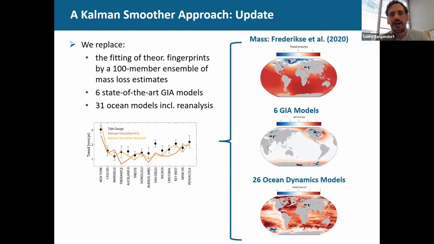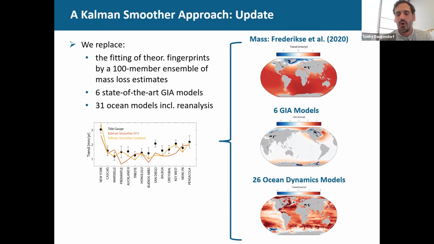This provides independent estimates of ice sheet and glacier mass loss and terrestrial water storage over the entire 20th century, plus their spatial variations. So we have that available in terms of a 100 member ensemble at every place around the world.